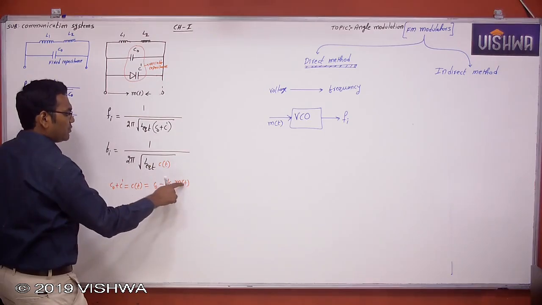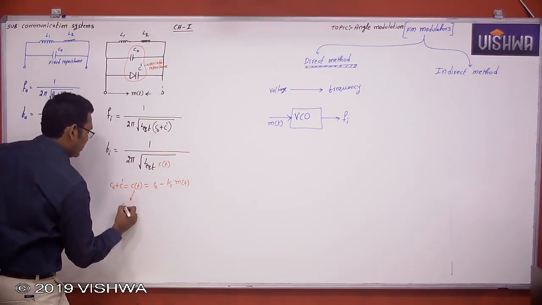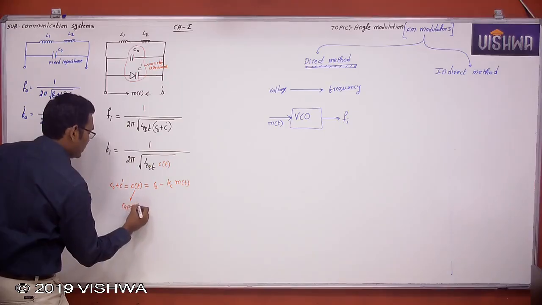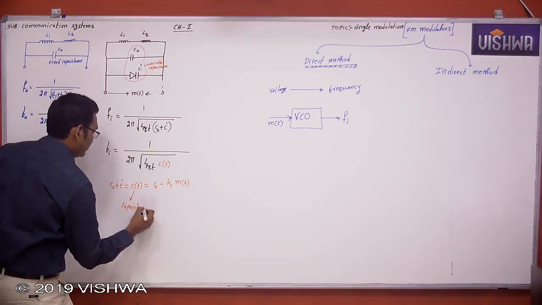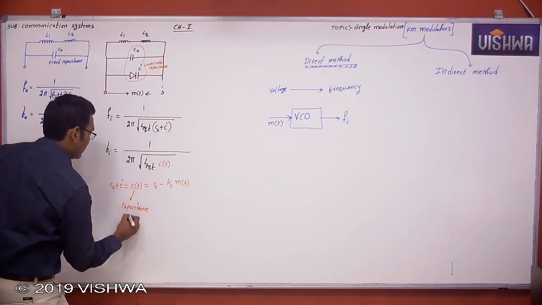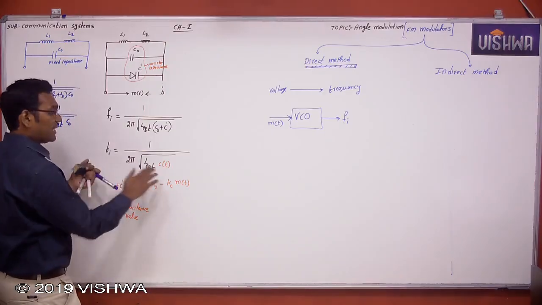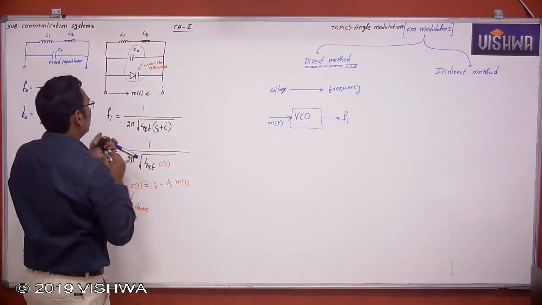When m of t is present, this capacitance is varied. This is a capacitance value, capacitor. Not carrier, capacitance.